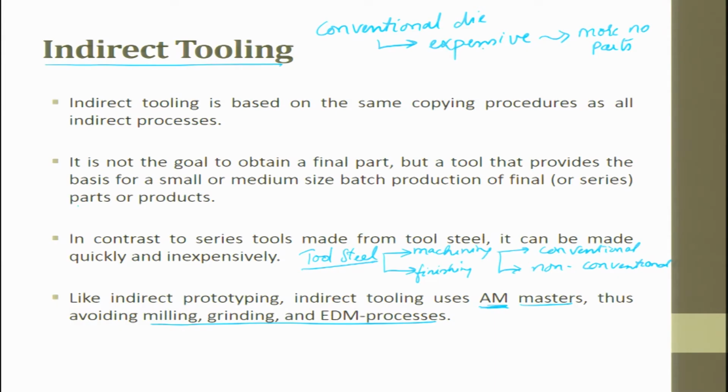Many a time the die designing time itself for the first die takes close to 45 days. If it is a complex die, it takes 2 months, and it is not the shape and size alone you have to do, it is also the simulation: finding out how the material is getting distributed, what load comes at different points, how many injection points you should have. All these things are too complex.